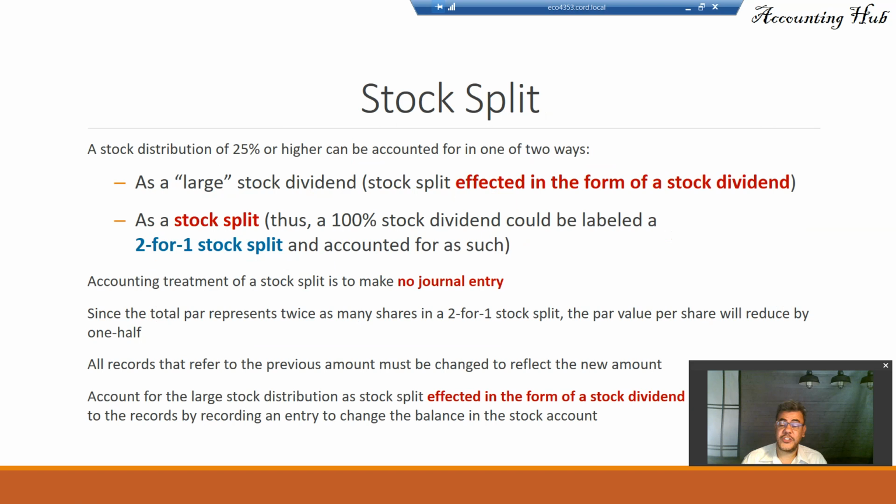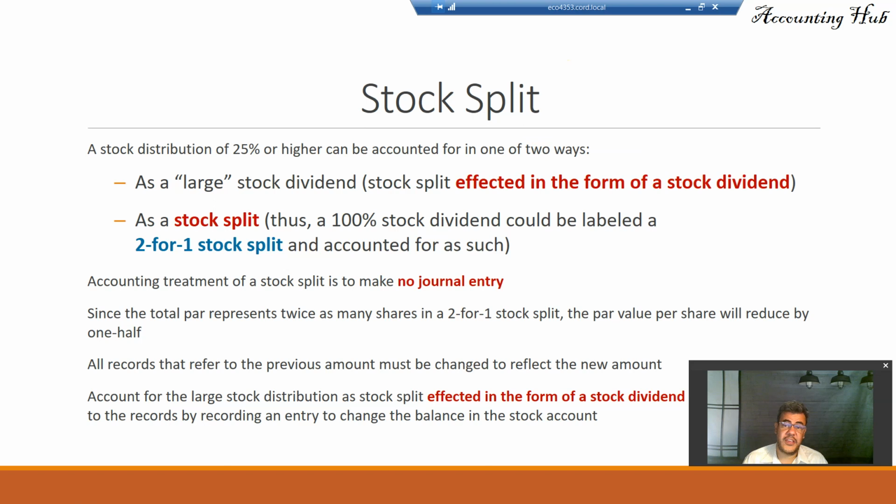And we have a special scenario for the large stock dividends, that is the stock split. When we do, for instance, 100% stock dividends could be labeled as 2-for-1 stock split and accounted for as such. So large stock dividends, we record it at par value.